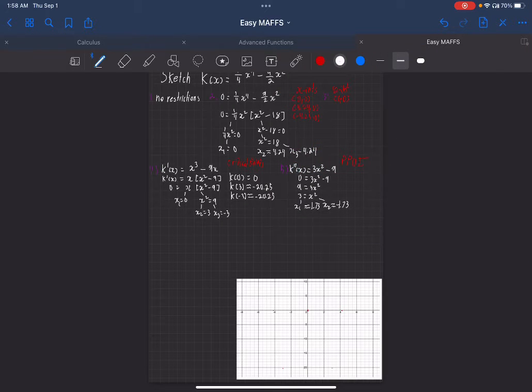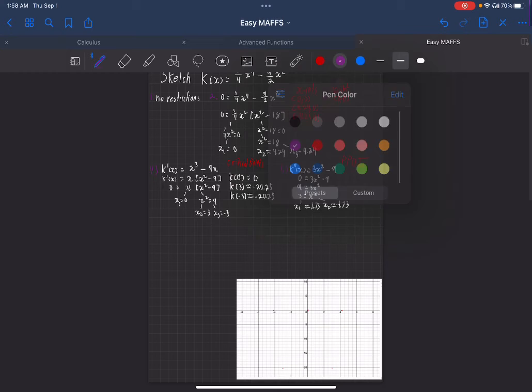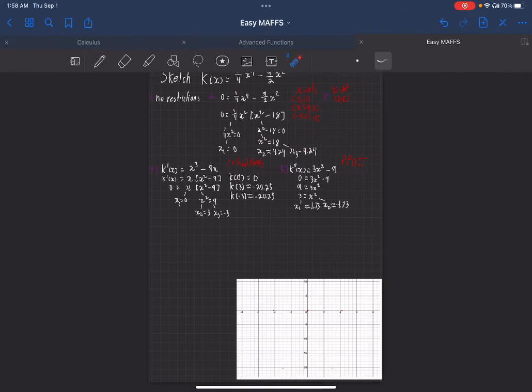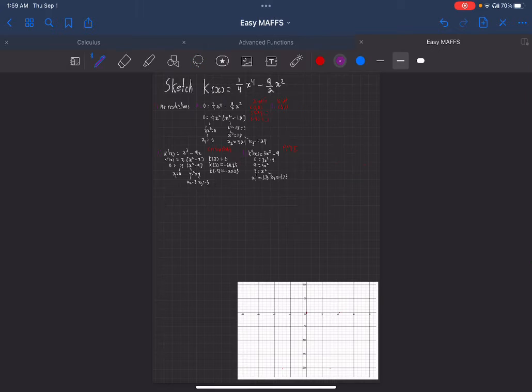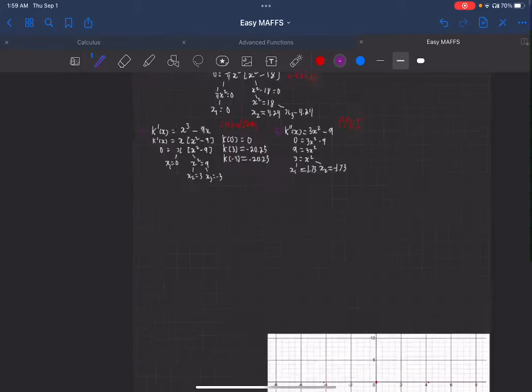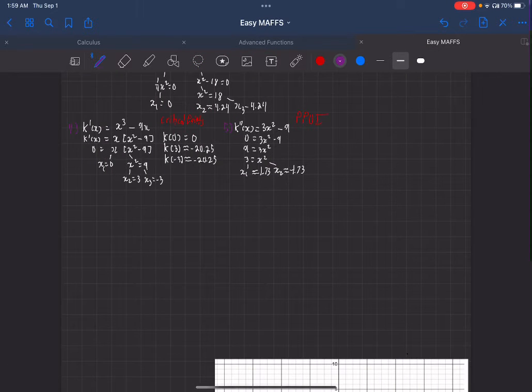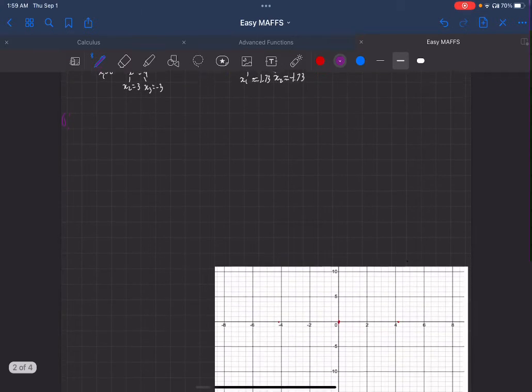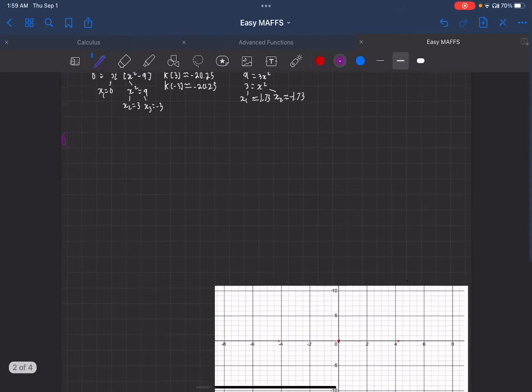Okay, so I'm going to need a little bit of space, so I'm going to make this a little bit smaller. So step 6, and this is our second to last step. Our last step is obviously graphing or sketching.